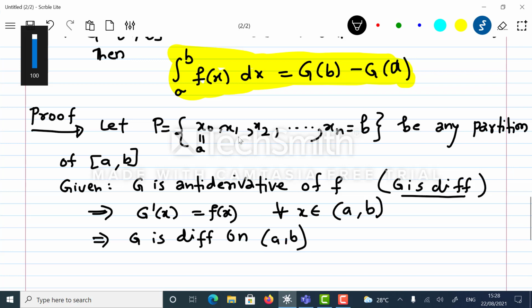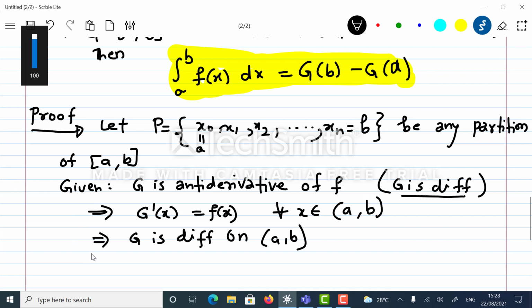If I take any subinterval (x_{i-1}, x_i), that is a part of the open interval (a, b). So if the function is differentiable on a larger domain, it will definitely be differentiable on any subset of that domain.